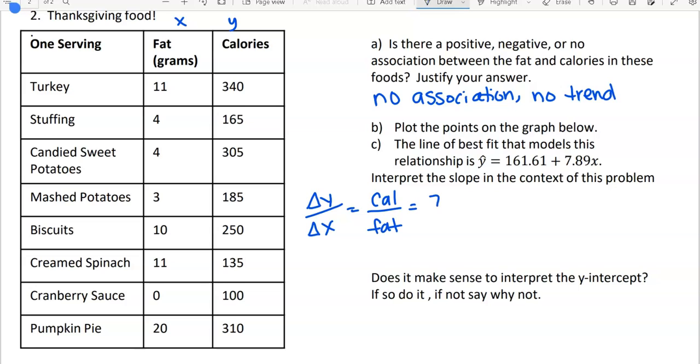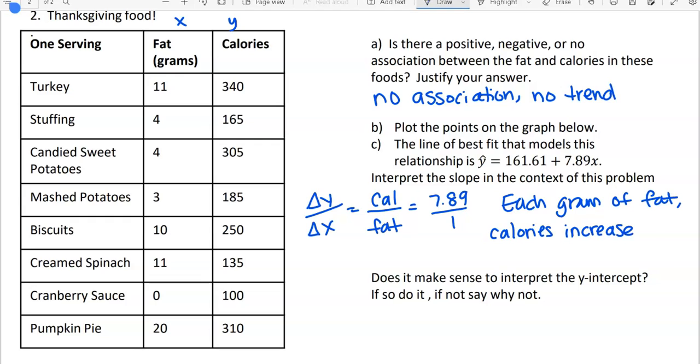So this is showing 7.89 over 1 for my slope. It's saying for each gram of fat, the calories are going to increase by 7.89. So that's how we interpret the slope.